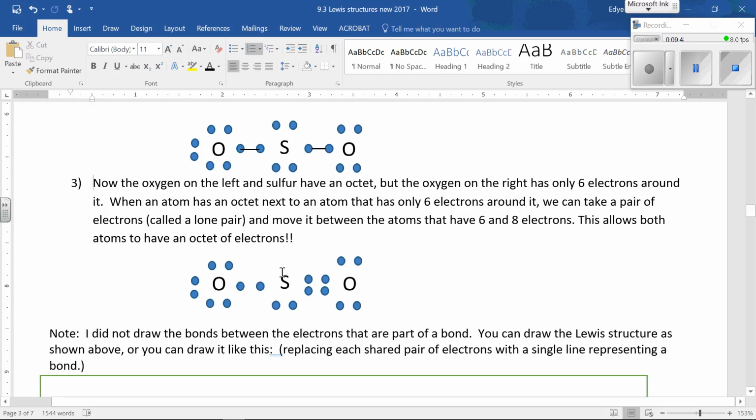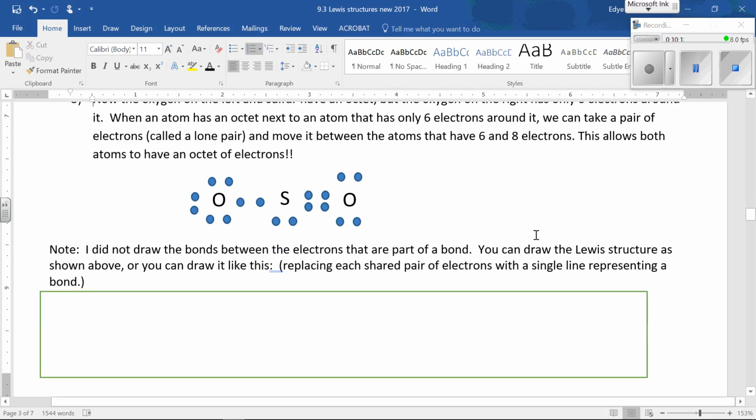So now, let's count. Sulfur, 1, 2, 3, 4, 5, 6, 2, 4, 6, 8. Sulfur's got 8 around it. Remember the bonds, you count them as for both atoms. This oxygen, 1, 2, 3, 4, 5, 6, 7, 8. Everybody's got an octet, everybody's happy.